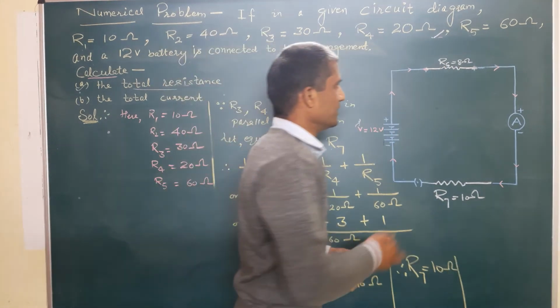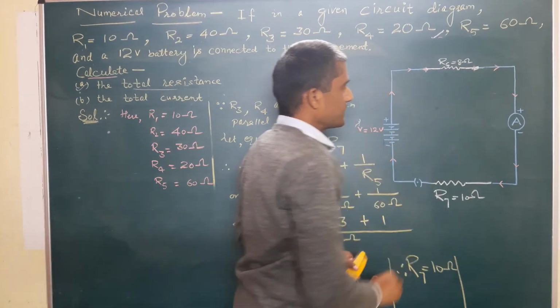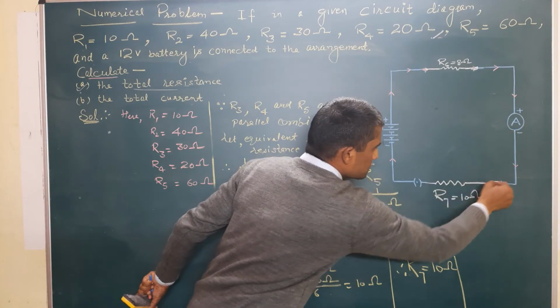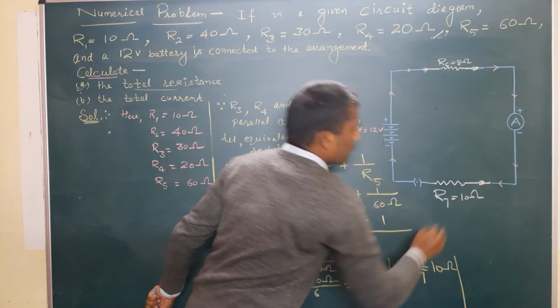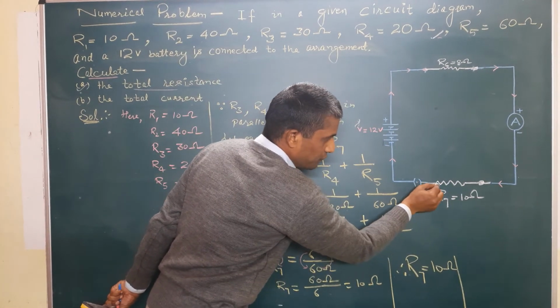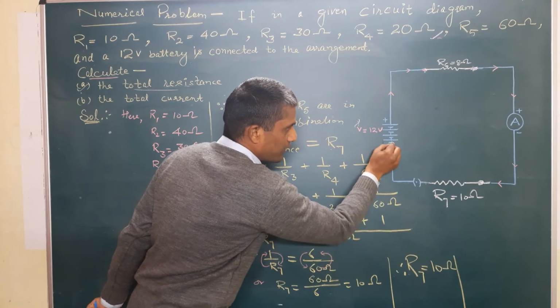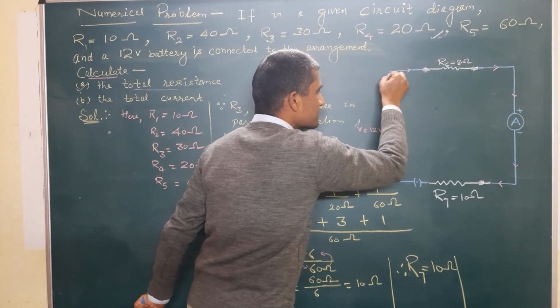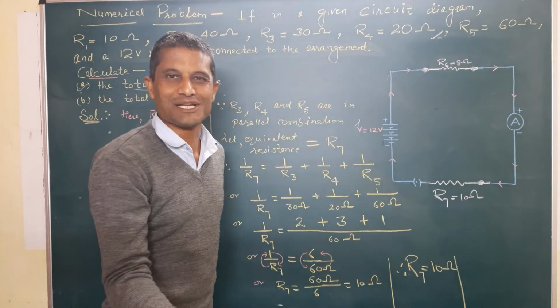Let us take a look here. One end of this resistor is connected by means of the ammeter to one end of the other resistor. The other end of this resistor is connected to the negative terminal of the battery, and the other end of the other resistor is connected to the positive terminal of the battery.